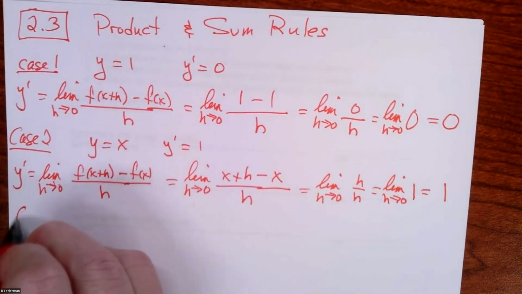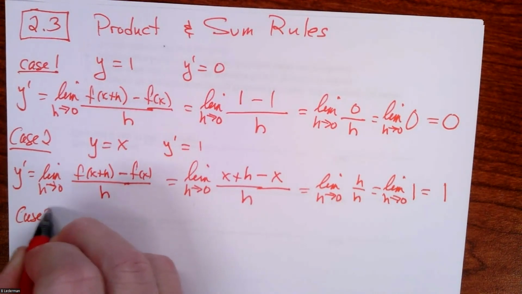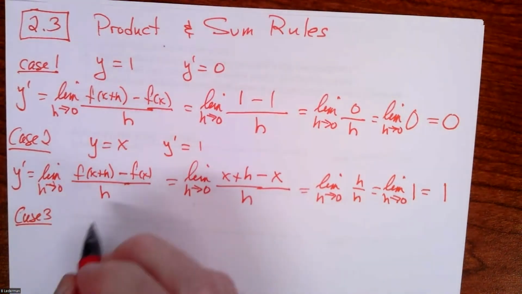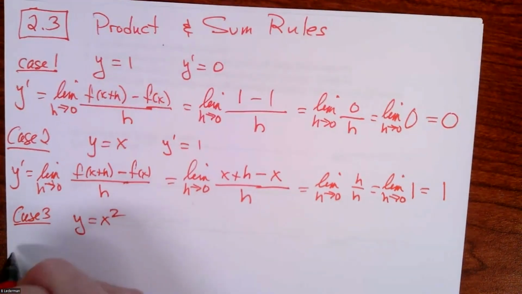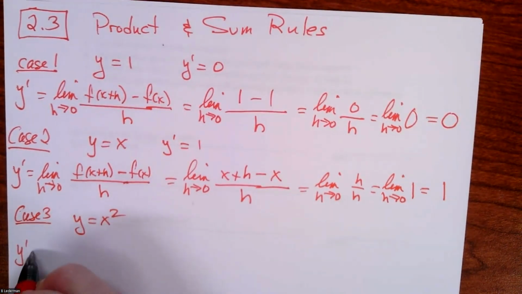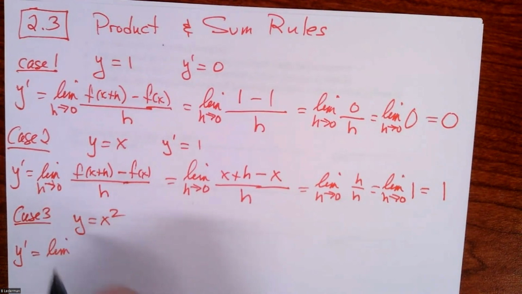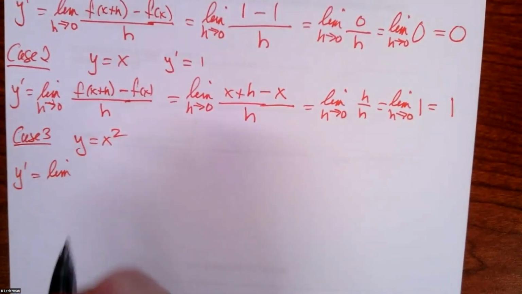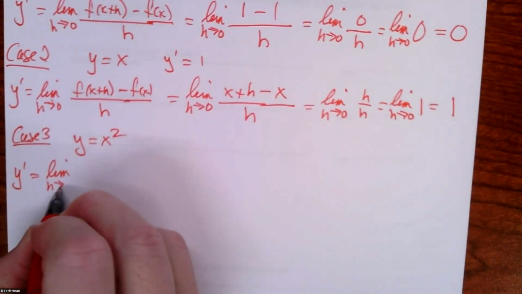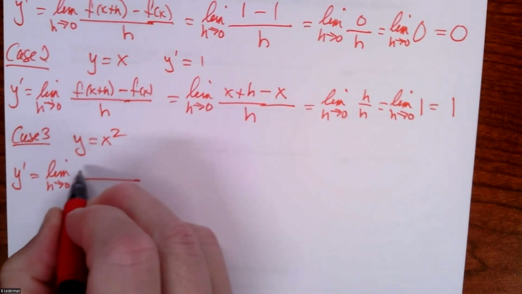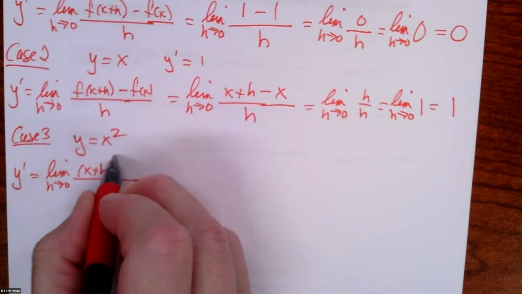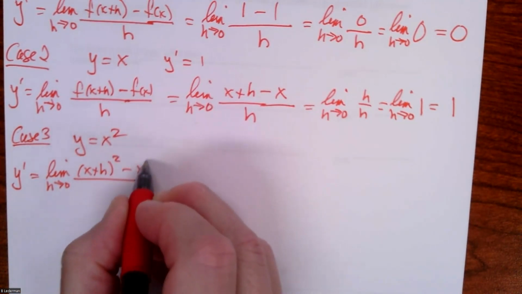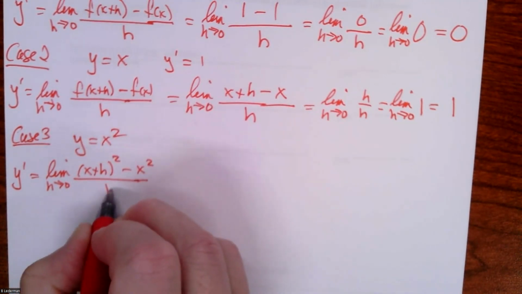Now to case 3. y equals x squared. Well, y prime is equal to the limit as h goes to 0 of f of x plus h, which is x plus h squared, minus f of x, which is x squared, over h.